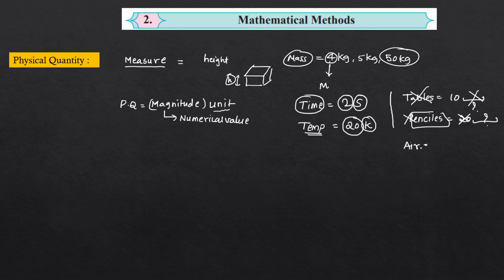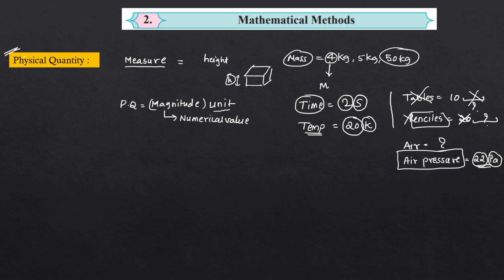No. So air is not a physical quantity. But if I say air pressure is 22 Pascal, Pascal is an SI unit and 22 is the magnitude. Hence air pressure is a physical quantity. I hope it is clear what a physical quantity is.